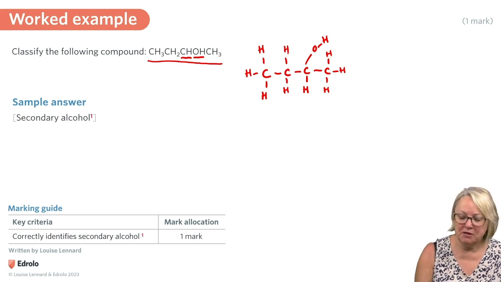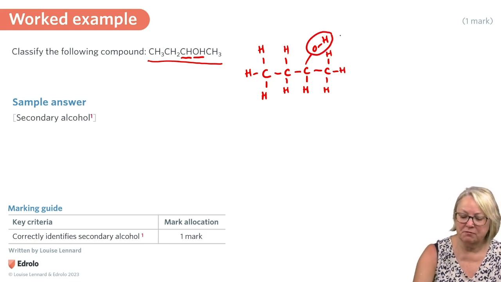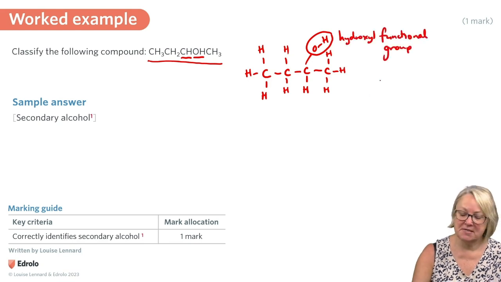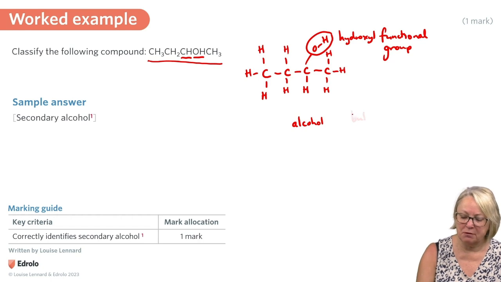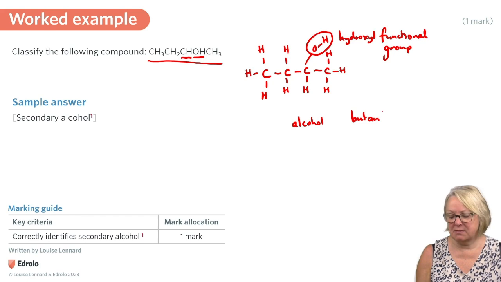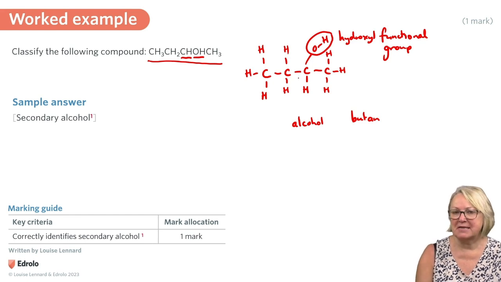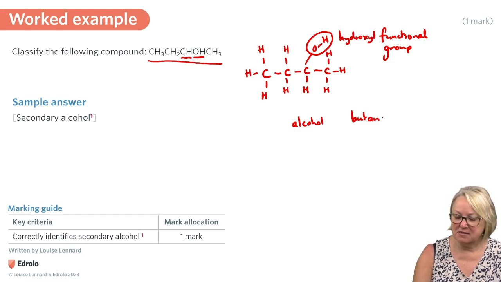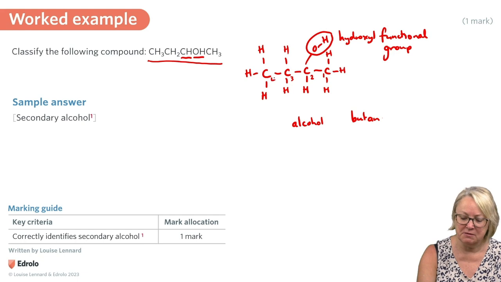So if we have a look, we've got the hydroxyl functional group. So this is an alcohol. This particular alcohol has a carbon chain length of 4, which is a but-. We've got single bonds between the carbon atoms, so it's an -an, and the hydroxyl group is on carbon 2. We count so that we have the smallest numbers.